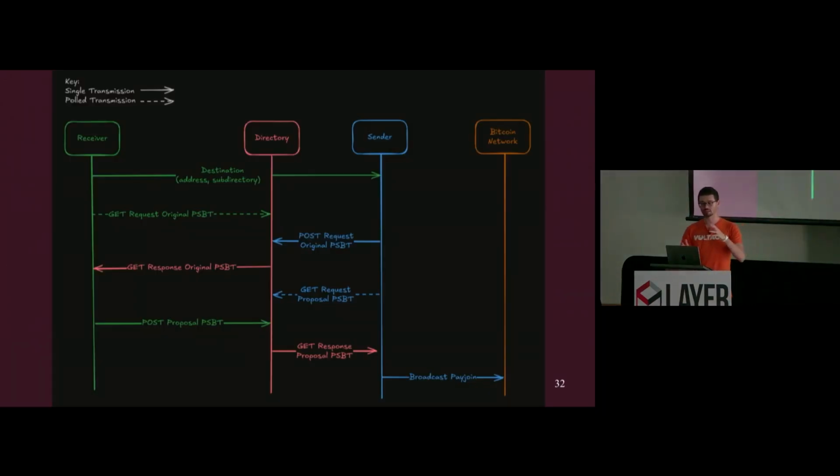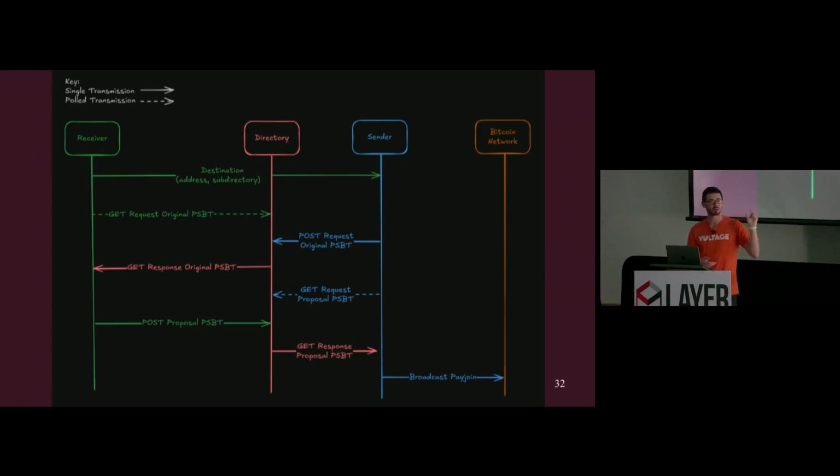And so to look at how the sequence diagram changes for this, it doesn't change as much as it looks like here, right? We have all the familiar old things from BIP 78, where the receiver starts by sending out of band their BIP 21 to the sender. But there's a key change in this first step, where instead of sending their address and the Payjoin server endpoint that the sender needs to know which server the receiver is running, now they send the subdirectory, right?